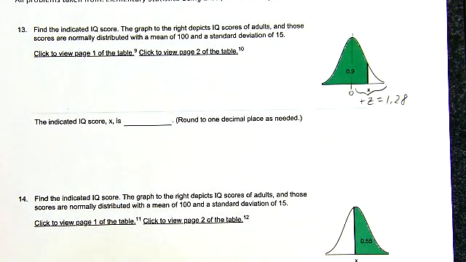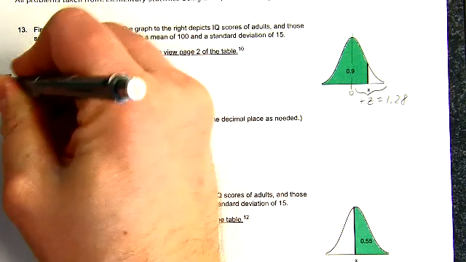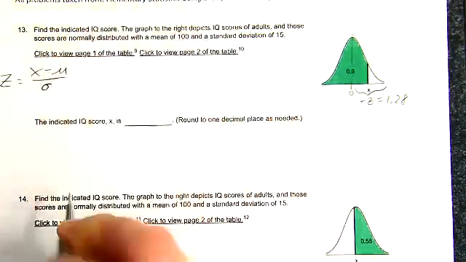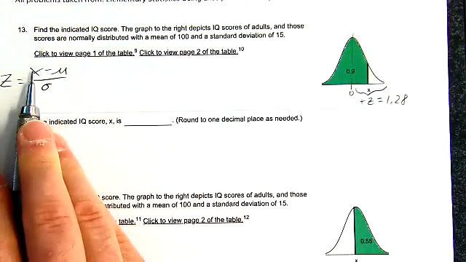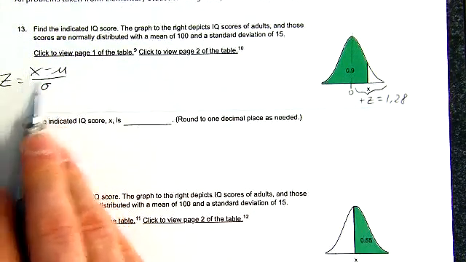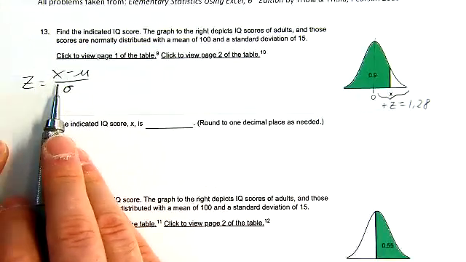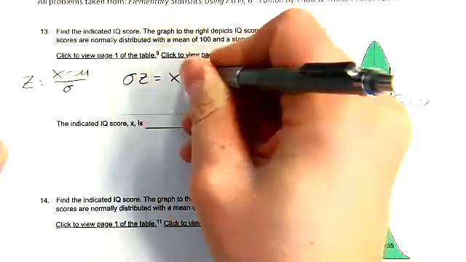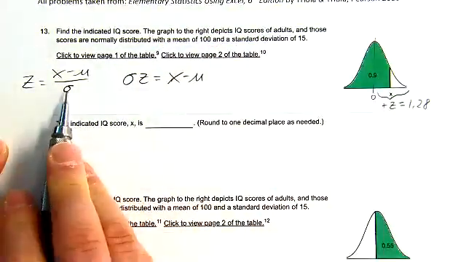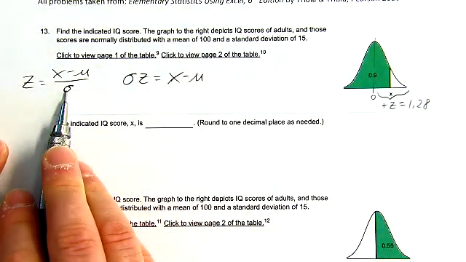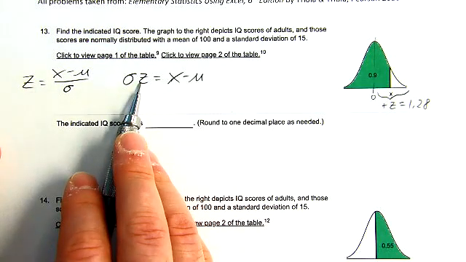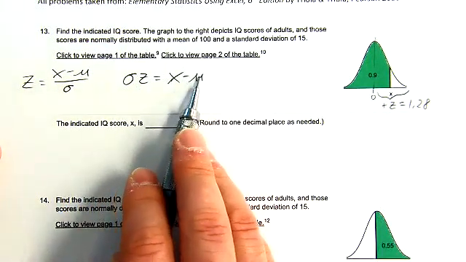And now we're going to rearrange the z equation to solve for x. So to unbury this x, we're going to multiply both sides by sigma. If I multiply this side by sigma, it cancels here, so I pick up a sigma in front of the z. Now the last step would be to add mu to both sides.